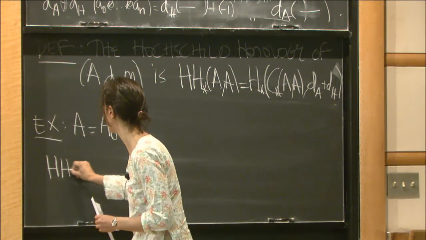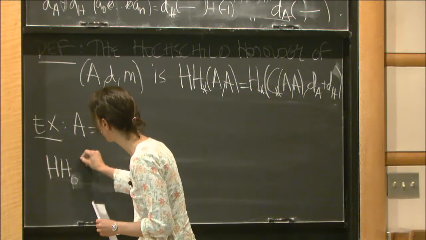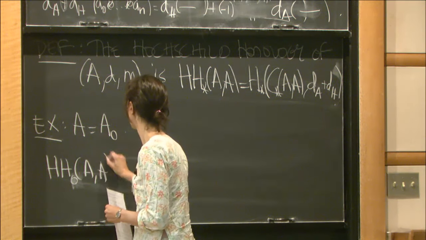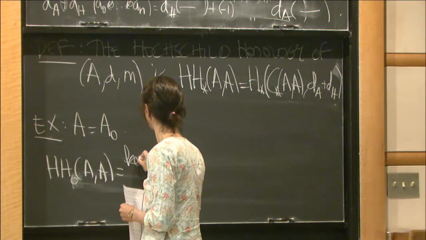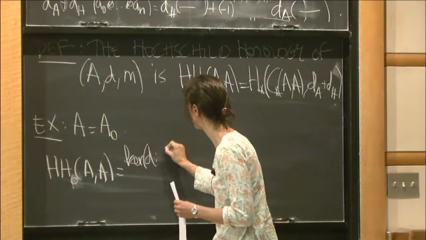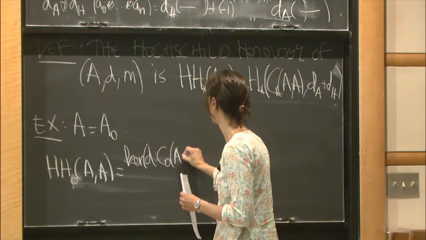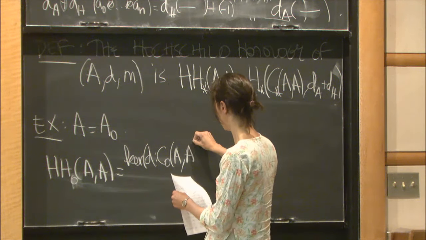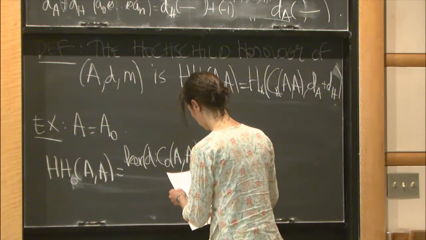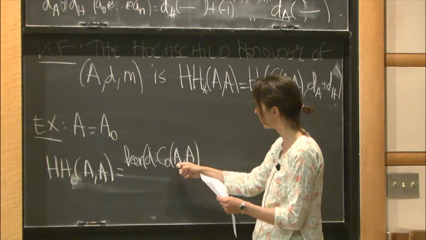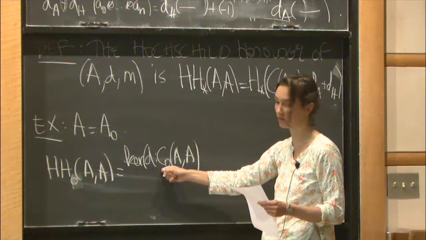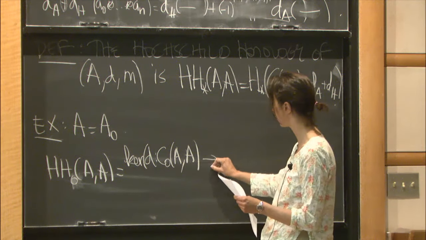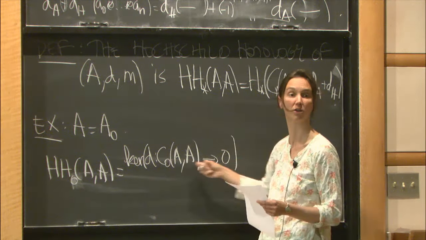What does it mean to take the homology HH0 of A? I have to take the kernel of the differential from C0 to C minus 1, but there's nothing there. Because I have no internal degree, all my degree is the Hochschild degree, and I have nothing in C minus 1, so it's 0, so everything is in the kernel.